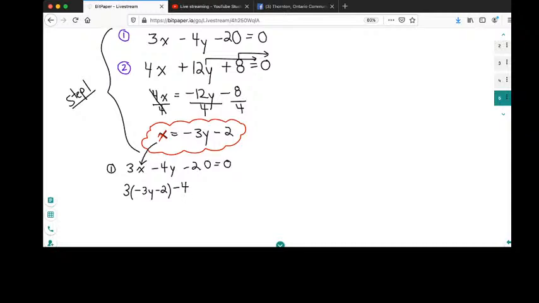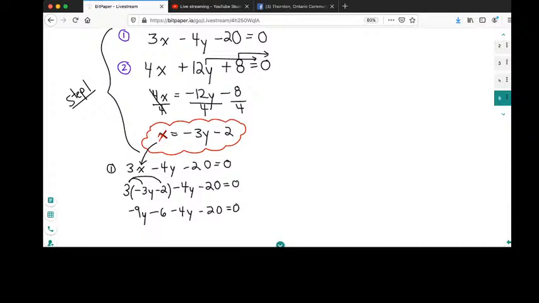So negative 4y stays the same, negative 20 stays the same, equals 0 is there. Great. Now all you need to do is make sure you're expanding this. 3 times negative 3y is negative 9y. 3 times negative 2 is negative 6. And again, all the rest of the equation stays the same for right now.